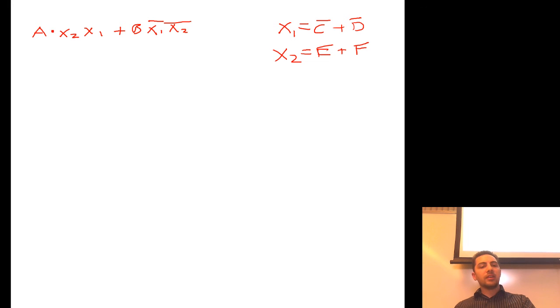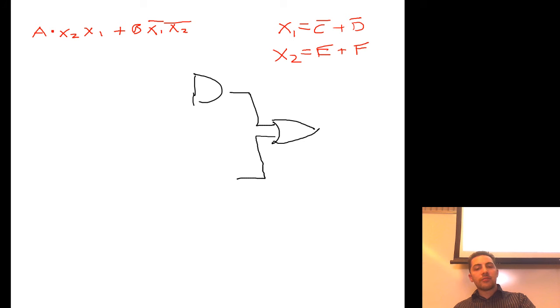So how do we build this? Well, to start with, we've got an OR gate, but it's only a 2-input OR gate. Going into this, we have 3-input AND gates: A, and then x1 and x2. I'm not going to draw those just yet, but down here we have B, and then x1 and x2 bar. So I've got inverters here.